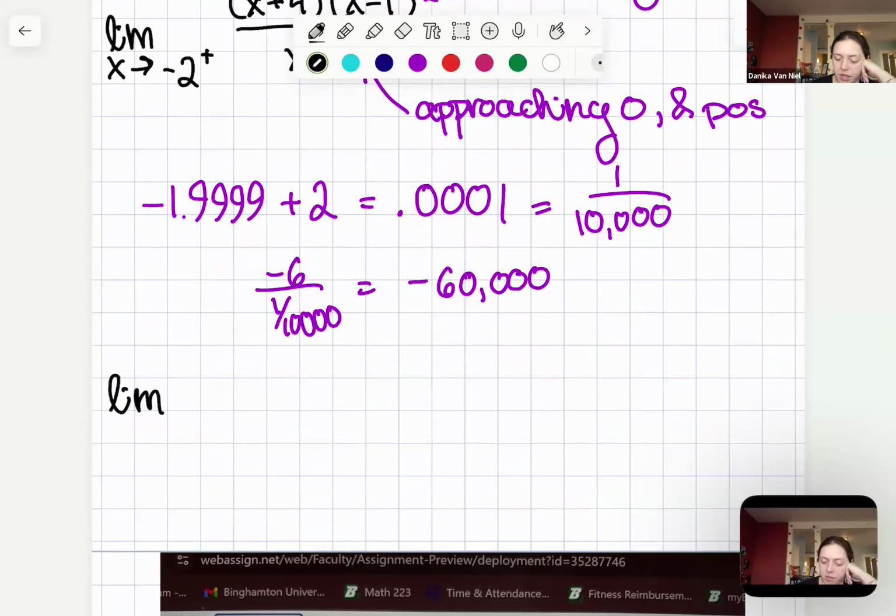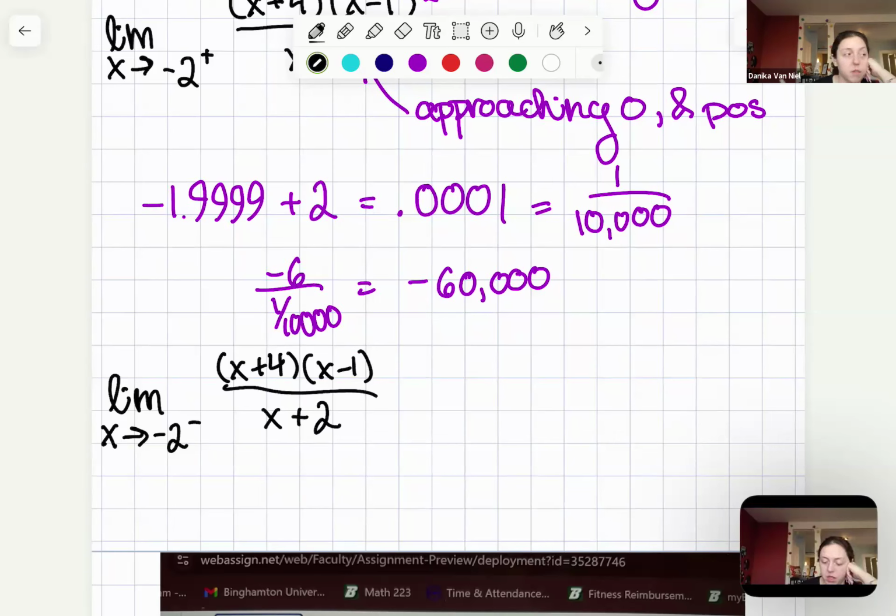So how about my left limit? It's x plus 4, x minus 1 over, what was it, x plus 2, I think? Yeah.